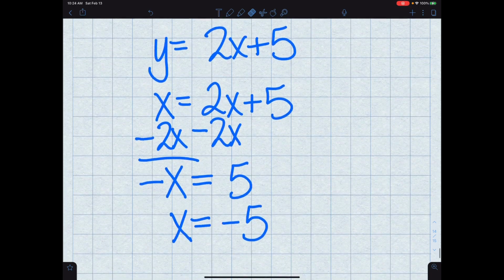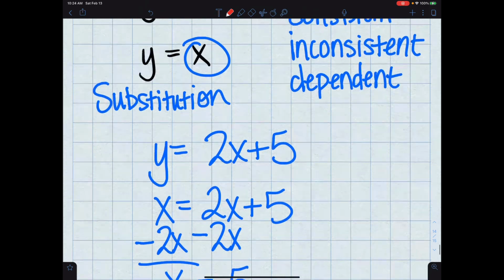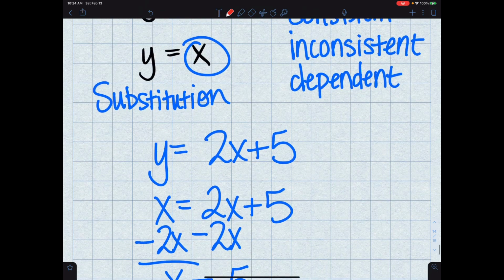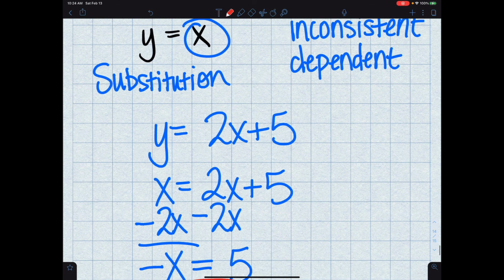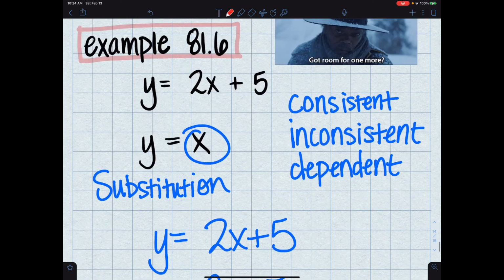So if that's x, then what is y? If x is equal to negative 5, let's go back and look at the equations. That means y has to be equal to negative 5.